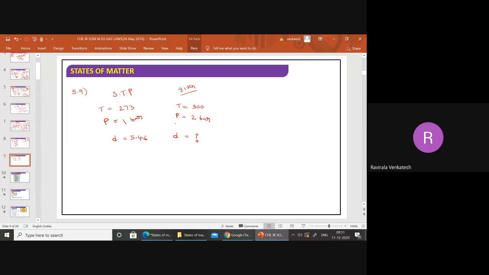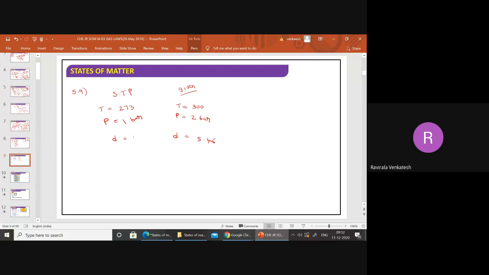The density of the gas is found to be 5.46 grams at 27 degrees Celsius, and they are asking for the density at STP.